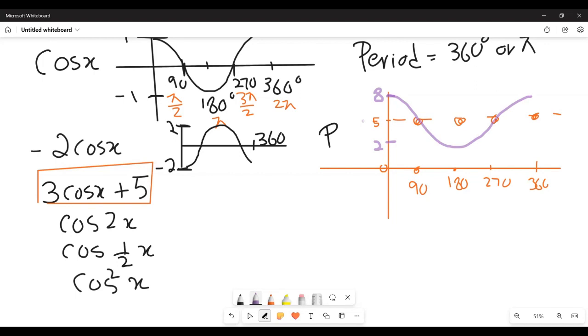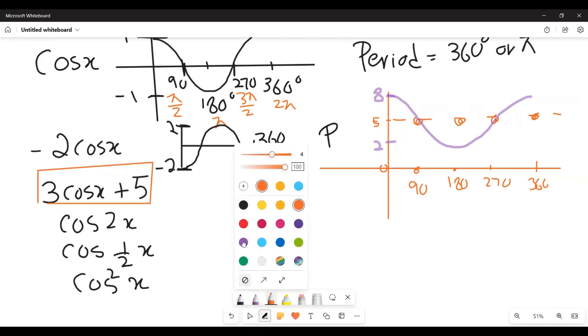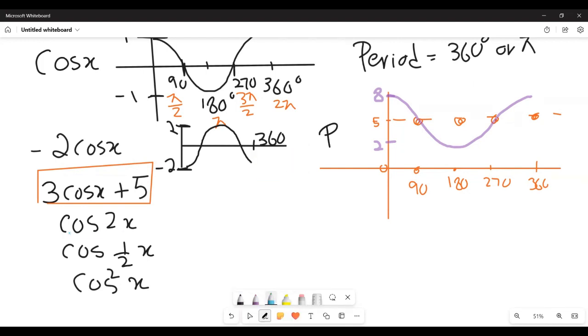Cos 2x. Cos 2x means now 2 cycles will be completed in 360 degrees. So one cycle is completed within 180 degrees. So the graph looks like this.